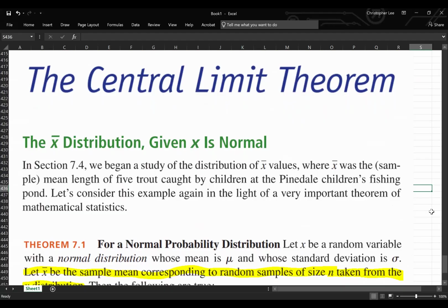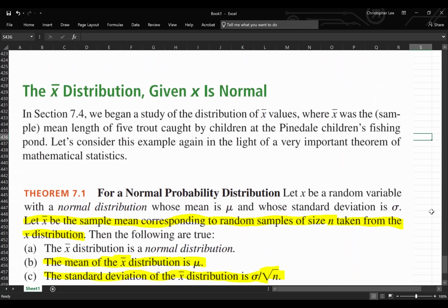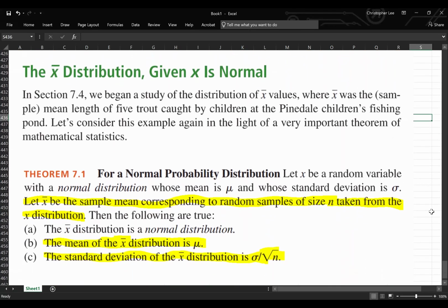So the central limit theorem. The X bar distribution given X is normal. In section 7.4, we began a study of the distribution of X bar values, where X bar was the sample mean length of trout caught by children at the Pinedale Children's Fishing Pond. Let's consider this example again in the light of a very important theorem of mathematical statistics.